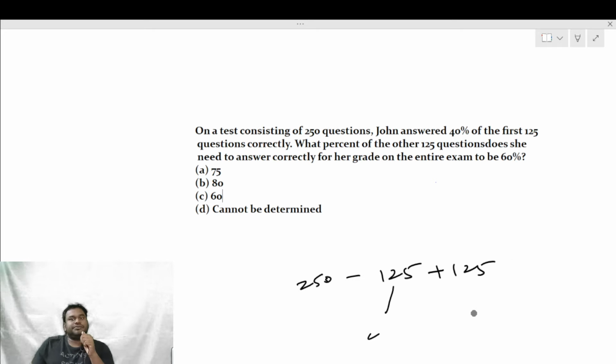First 125, she got 40% correct answers. In the other 125, how much does she need to answer correctly, so that overall she gets 60%? There are 250 questions in total. How can you solve it without a pen? Can you think about it?